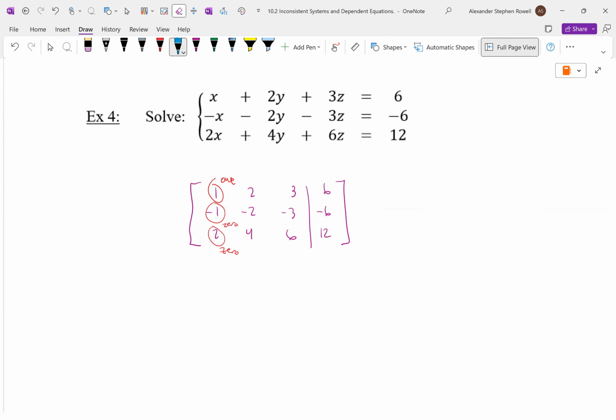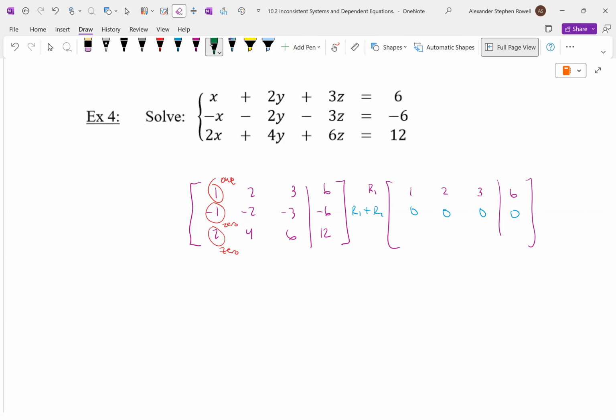Let's do row 1 plus row 2. So row 1 stays the same. 1, 2, 3, 6. And if we add row 1 and row 2 together, we get 0, 0, 0, 0. Okay, that's easy.